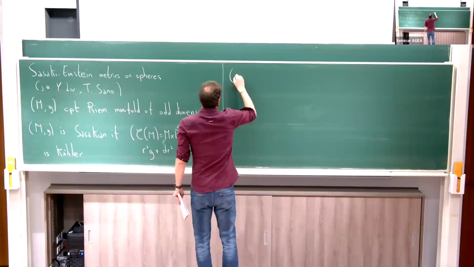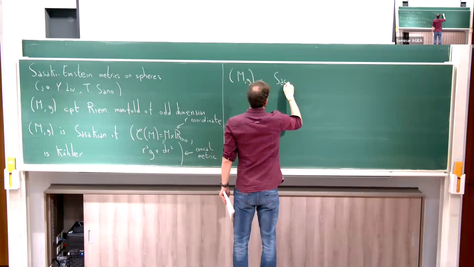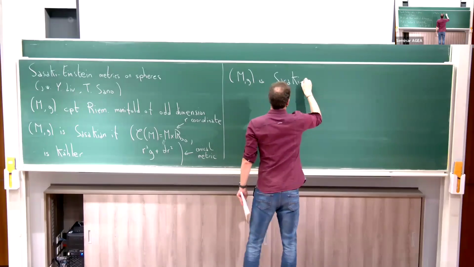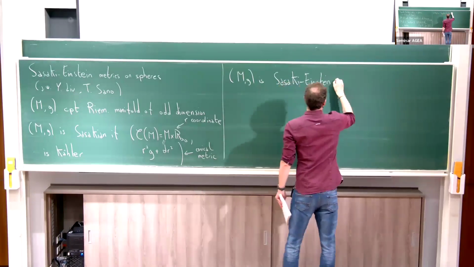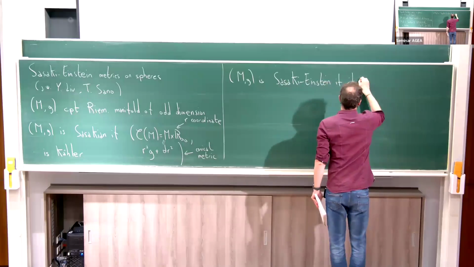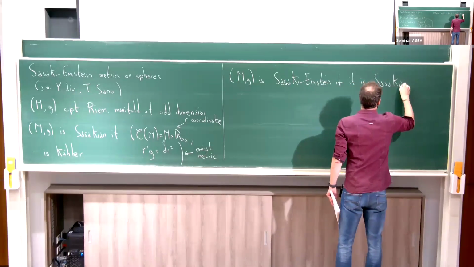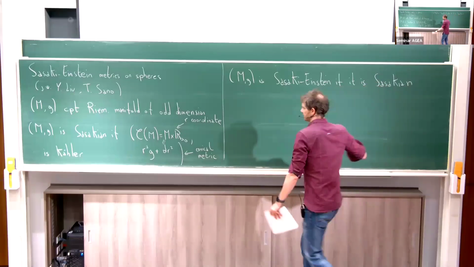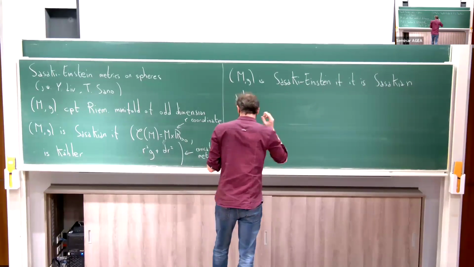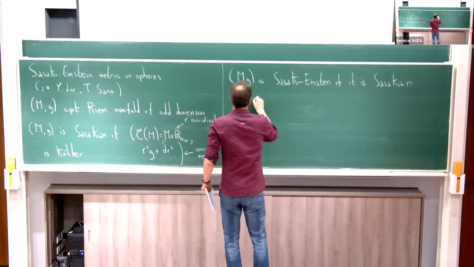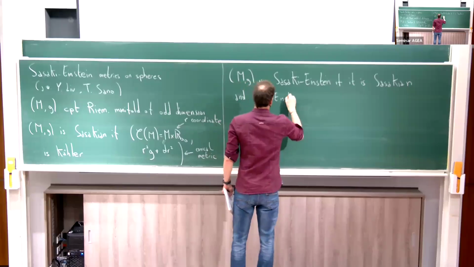And then you say that M, g is Sasaki-Einstein if it is Sasakian and g is Einstein.